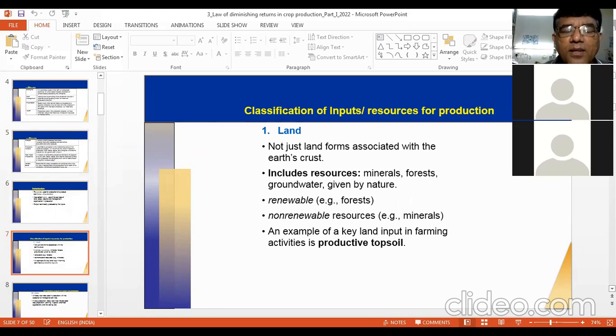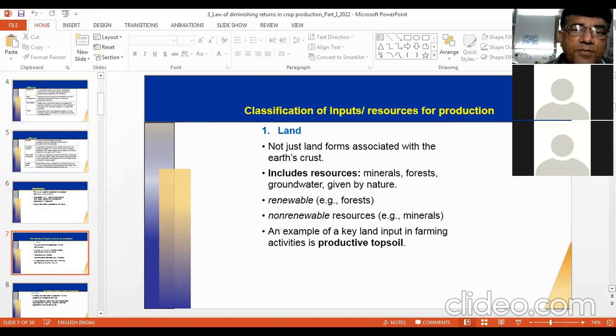What is given by nature? It may include some renewable resources, like forest. If you cut them, they can regenerate, they are renewable. Non-renewable resources are like minerals or fossil fuels, etc. These are non-renewable resources, but they are natural resources. They are included in land.